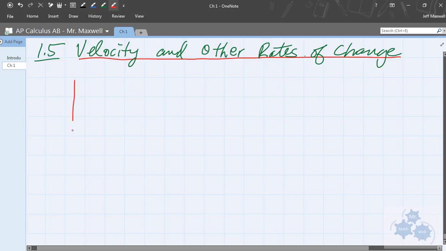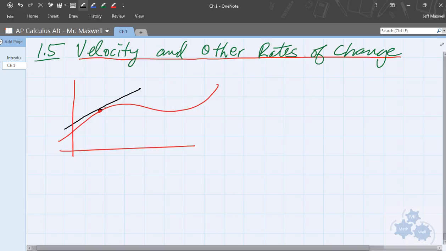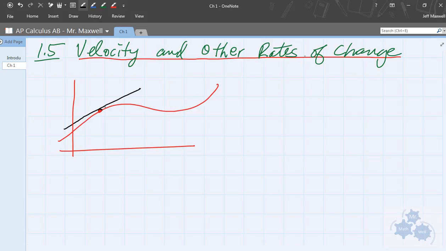If we have some function that looks something like this, and I want to know the slope of the tangent line at this point, we can use limits, and we can use Formula 1 or Formula 2 to calculate what the slope would be. That part is practice that we'll have to keep practicing.